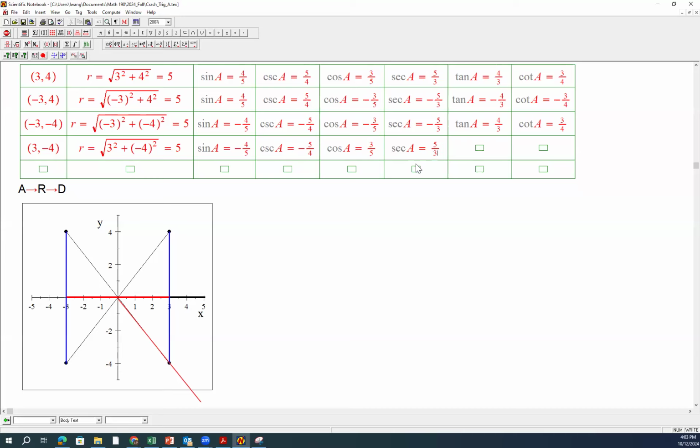That's going to be 5 over 3. Tangent of A equals blue over red. So negative 4 over 3, right? That's a negative 4 over 3. Put it in the front. And cotangent of A equals the reciprocal of tangent. So that's negative 3 over 4.